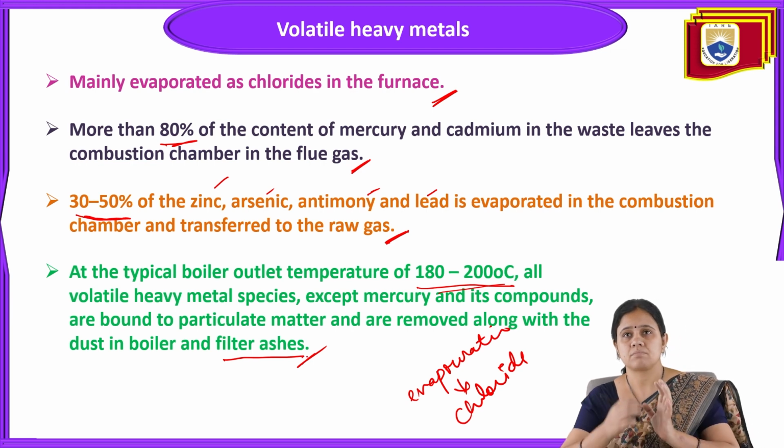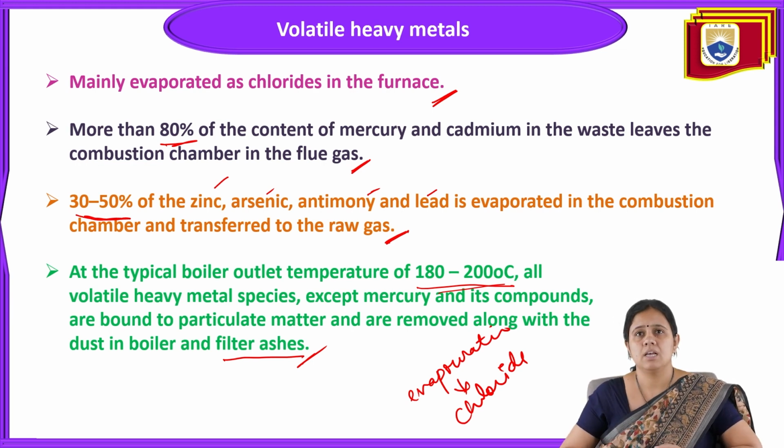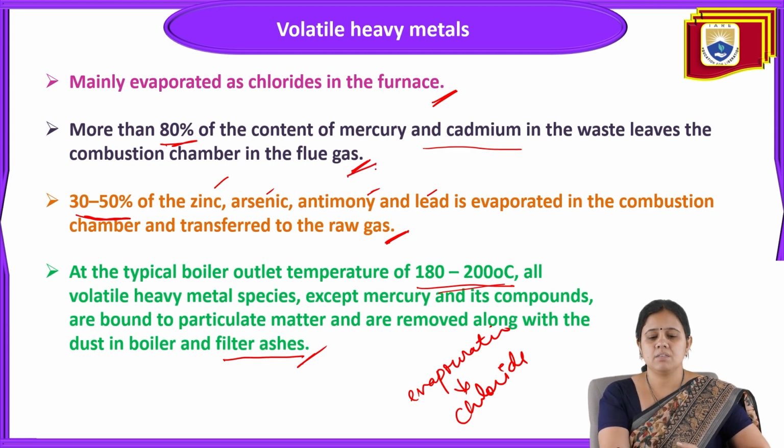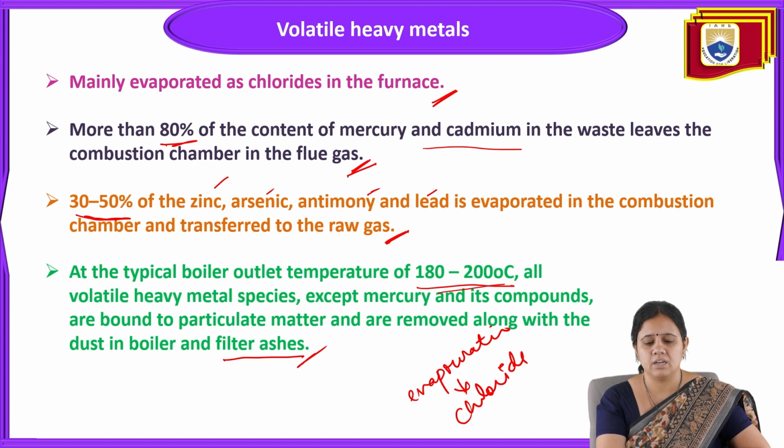These volatile heavy metals are again very dangerous, and they mainly evaporate as chlorides in the furnace. More than 80% of the mercury and cadmium in the waste leaves the combustion chamber in the flue gas. 30 to 50% of the zinc, arsenic, antimony and lead is evaporated in the combustion chamber and transferred to the raw gas.